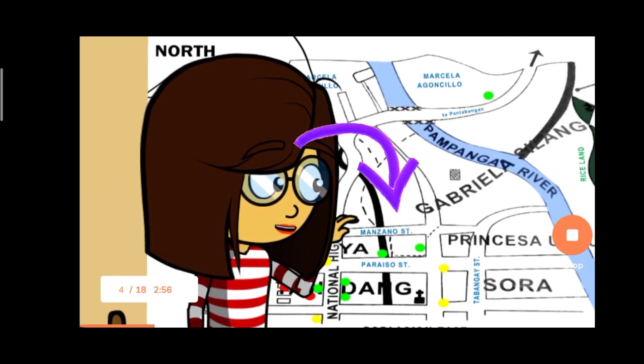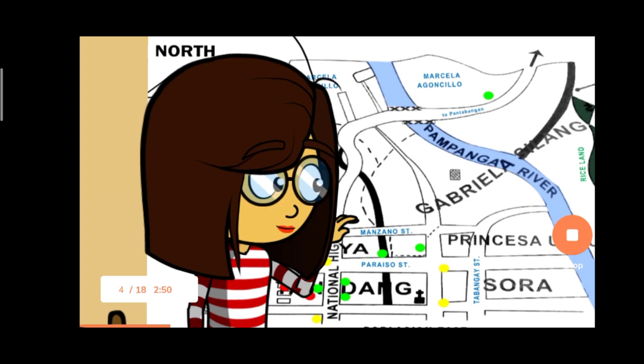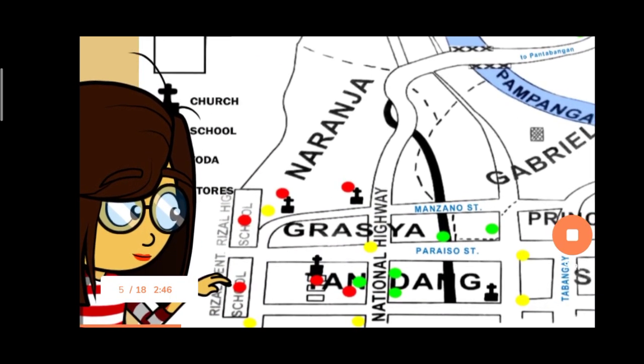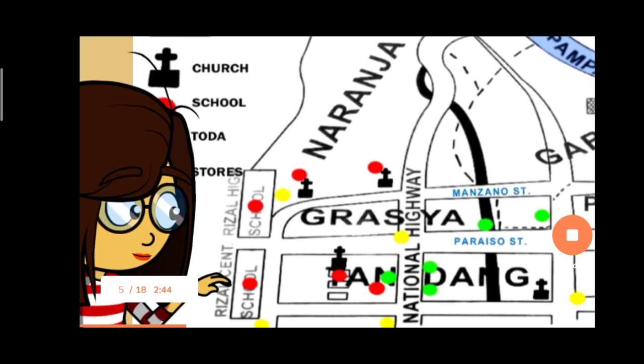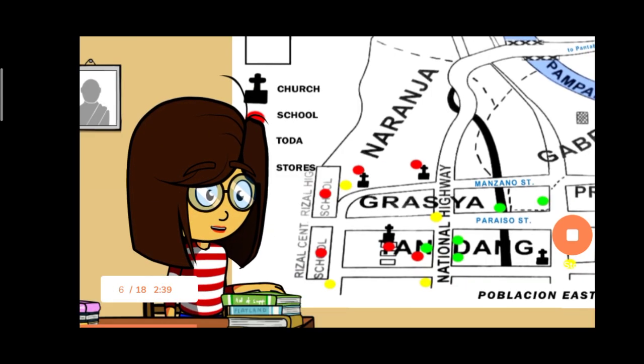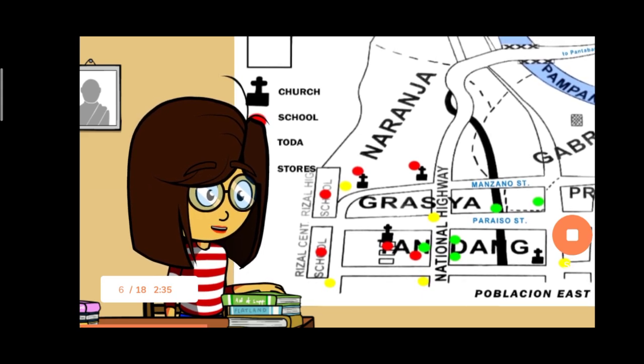Now that I have identified where I live, I'm going to place my first point here at our house. And my second point is at our school. Now I'm going to use this string to measure the length between our house and our school.